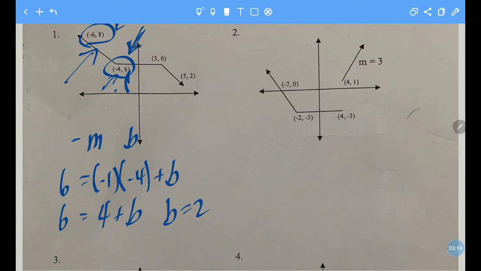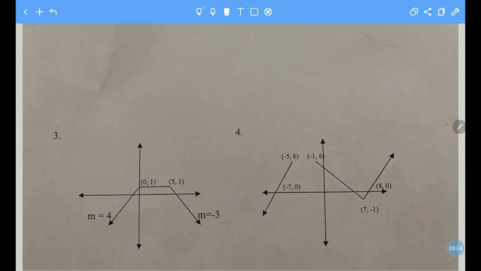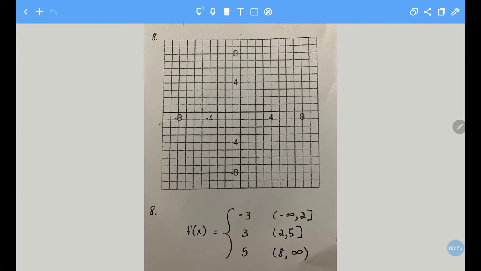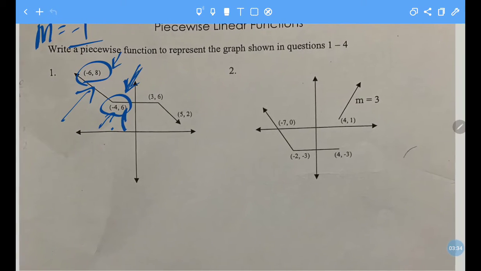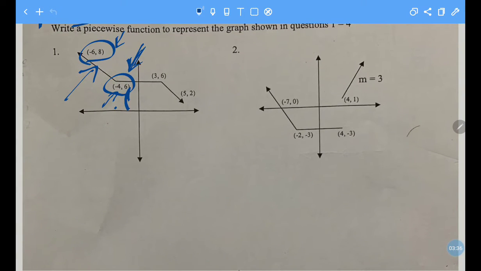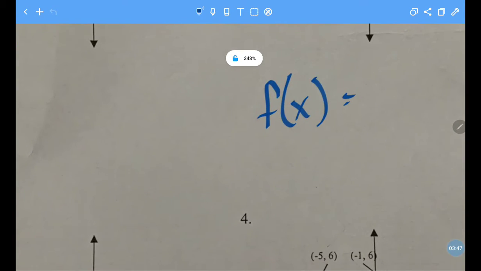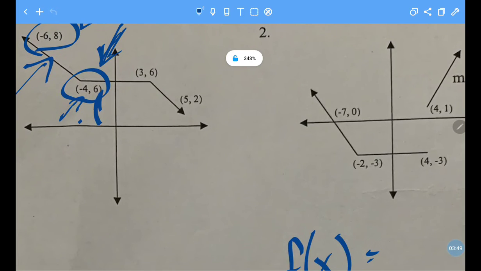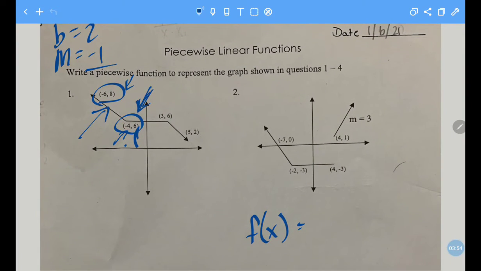So here's how you write this part of the equation. It's going to look like this one right here at the bottom. I'm going to write it underneath number 2 because I don't have a lot of space. So we're going to say f of x equals, I think that's what yours looked like, didn't it? Yep, f of x equals, and I've got a b and an m up on the top, you see it?